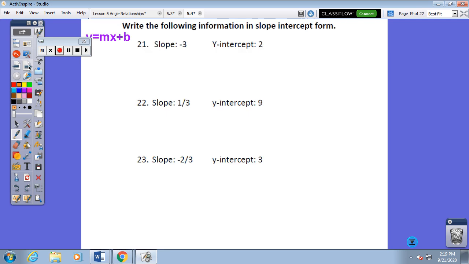Okay, so now we're going to look at writing equations in slope-intercept form using the information they gave us. You'll notice here, y equals mx plus b. So each time I write it, y equals, and what I'm really doing is mx plus b, but I'm going to leave that blank. So slope is always your m, y-intercept is your b. So it's going to be negative 3x plus 2.